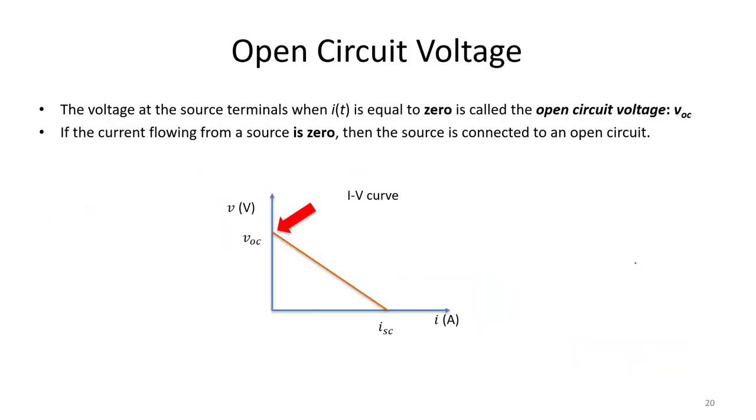Okay, so let's talk more about what's so special about open circuit voltage and short circuit current. Open circuit voltage, VOC, is the voltage at the circuit's terminals when current is 0.